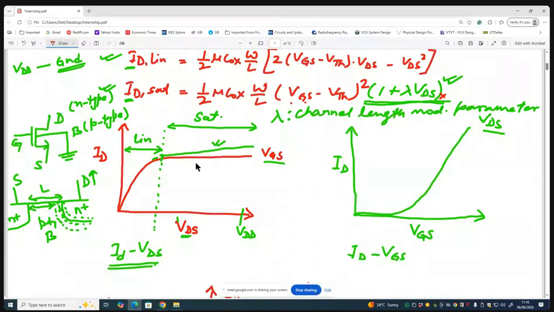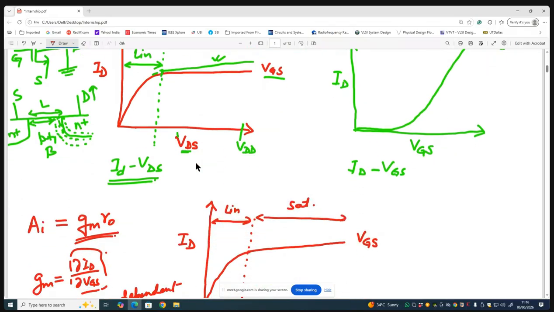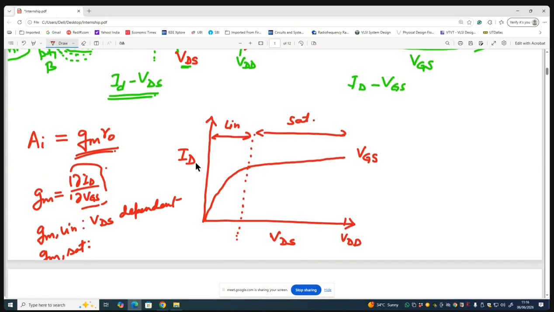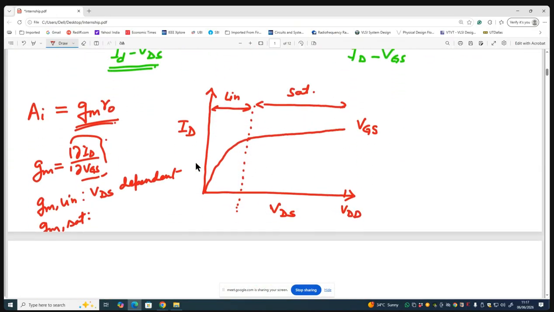So by setting the appropriate value of overdrive voltage, we can tune gm. You can adjust gm sat to a desired value using VOV. Using VOV, you can adjust gm in the saturation region to a desired value.